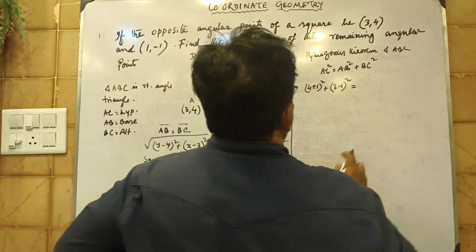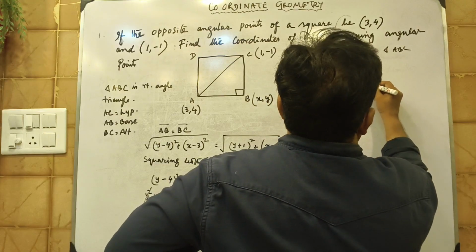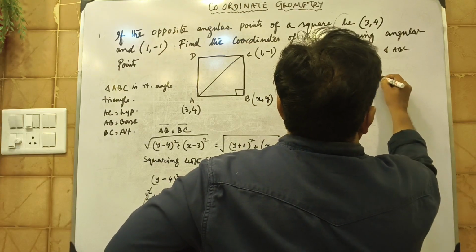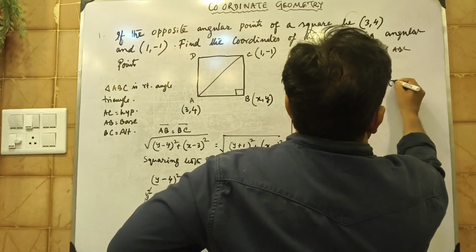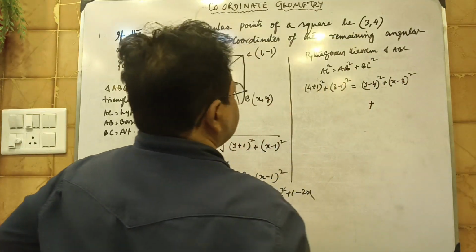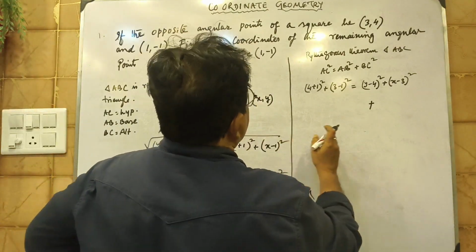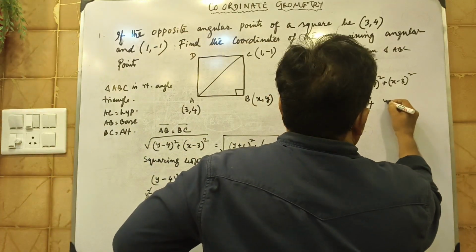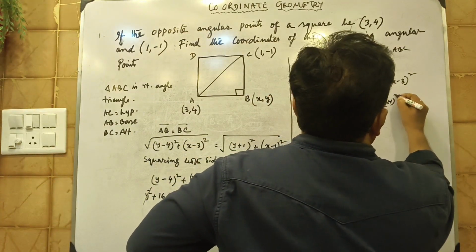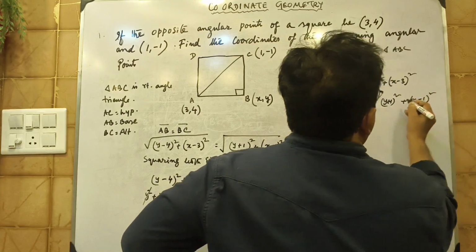AB square means y minus 4 whole square plus x minus 3 whole square, plus BC square means y plus 1 whole square plus x minus 1 whole square.